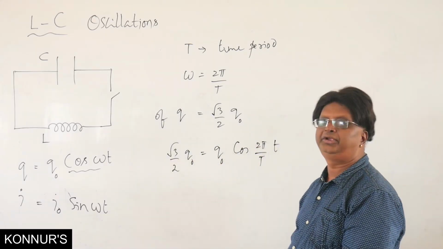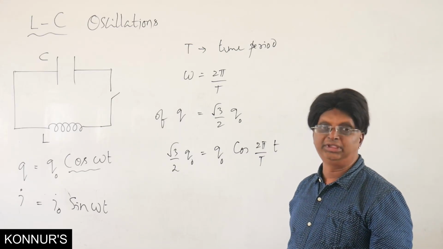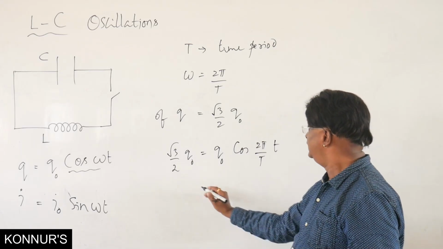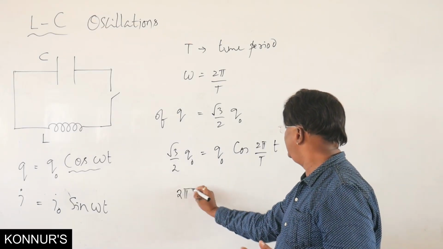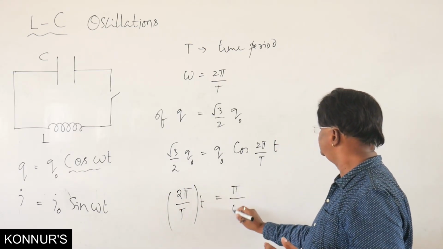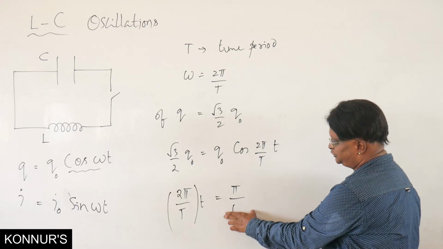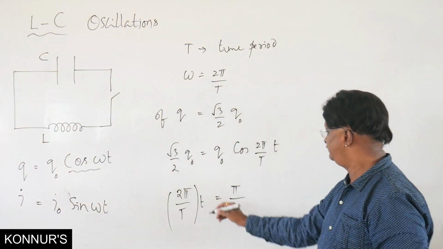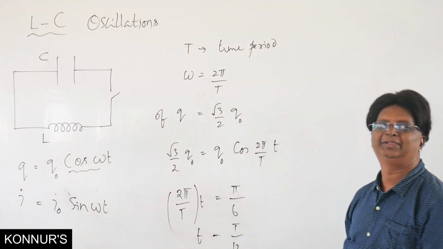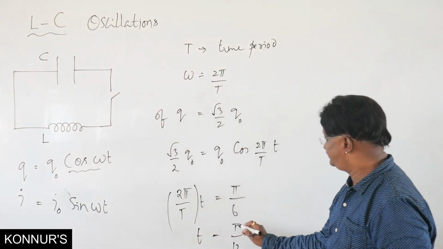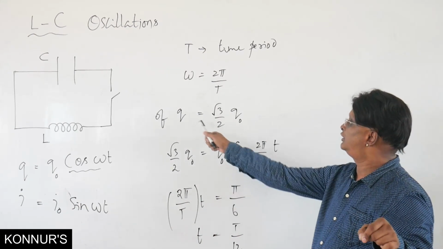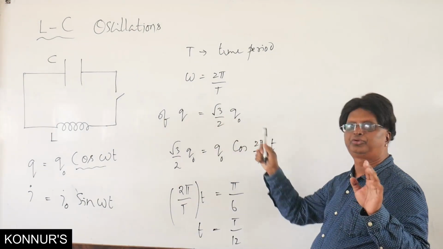Here you get cos theta is equal to root 3 by 2, means theta is equal to 30 degrees, that is pi by 6. Therefore, 2 pi by capital T into small t is equal to pi by 6, which shows that t is equal to T by 12. So t is equal to T by 12 is the required time for Q becoming root 3 by 2 Q naught.